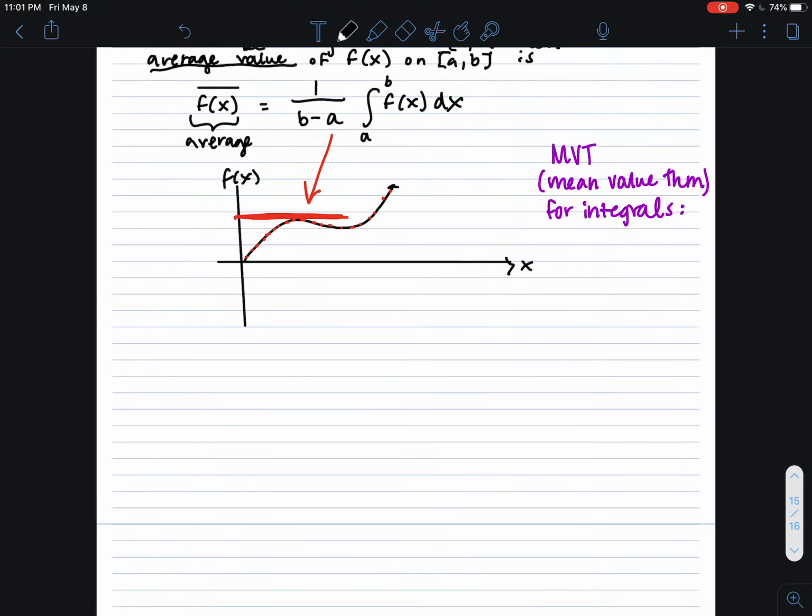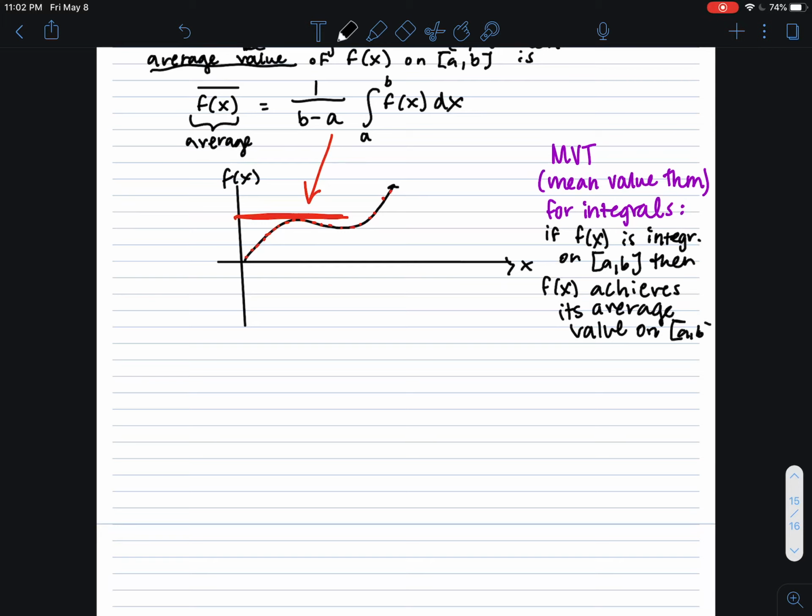It basically says that if f of x is integrable on a to b, then f of x achieves its average value on a to b. So that's saying if you can take this integral, you will find that average value at some point in the interval. So it's just saying that it does exist within the interval.